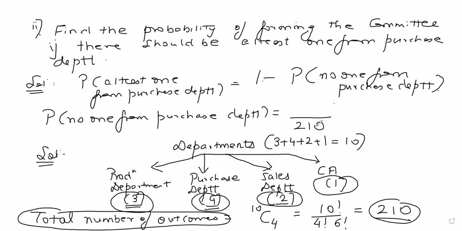Now, if I remove the purchase department completely, how many people are there in the purchase department? 4. Remove 4 people from the 10 people, and 6 people are left. Out of these 6 people, I need to select 4 people, because in the beginning of the question it was given that the committee needs to be formed from 4 people.